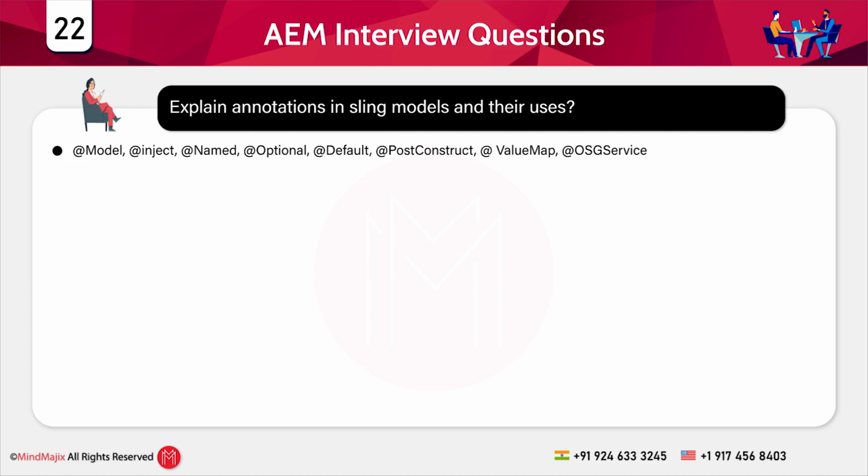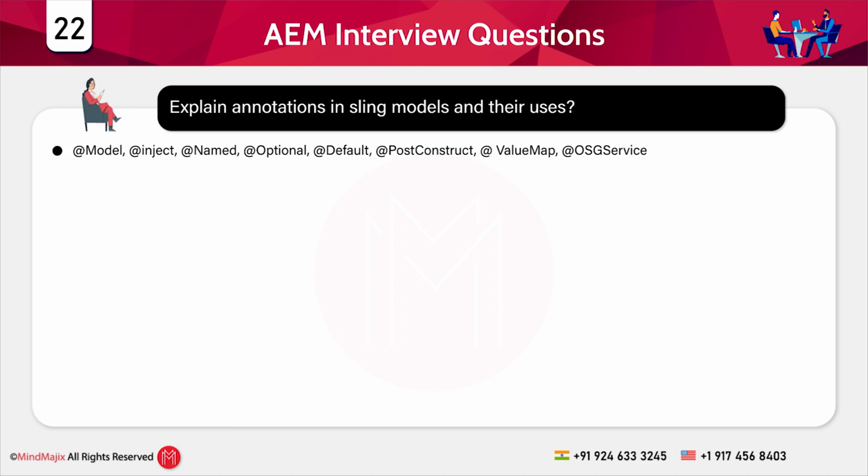So @Model, then @Inject. @Inject is used to inject the data members which you want to map from the JCR node properties to the Java classes. Those you inject using the @Inject annotation, and @Named. Suppose you are using a JCR property named firstName and you inject it using the same name.